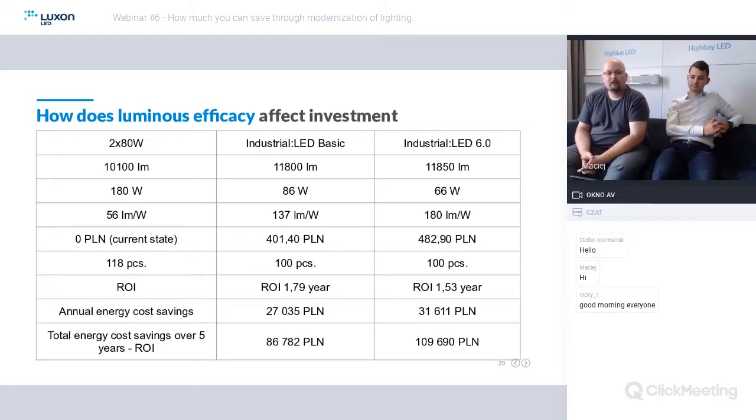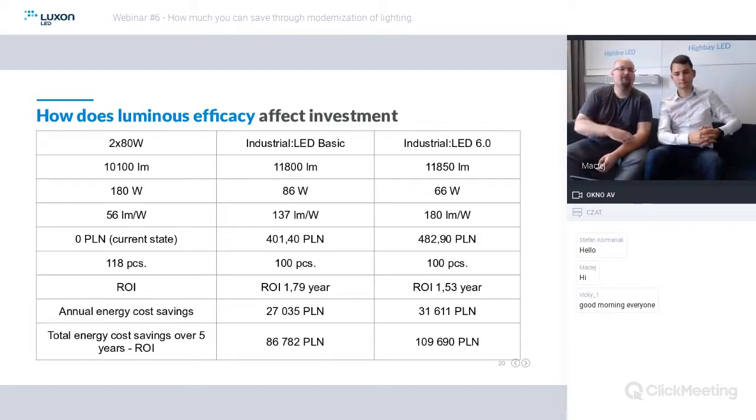And then we can do a comparison of two investments. The first investment will be done with the Industrial LED Basic, with slightly higher lumen output at close to 12,000 lumens and much lower power consumption and thus higher efficacy of 137 lumens per watt.